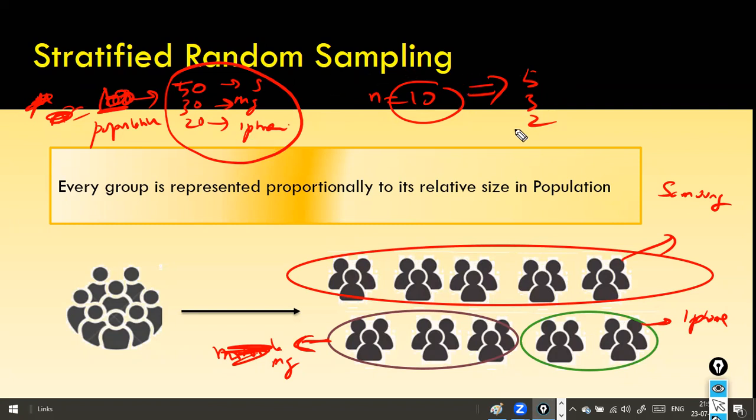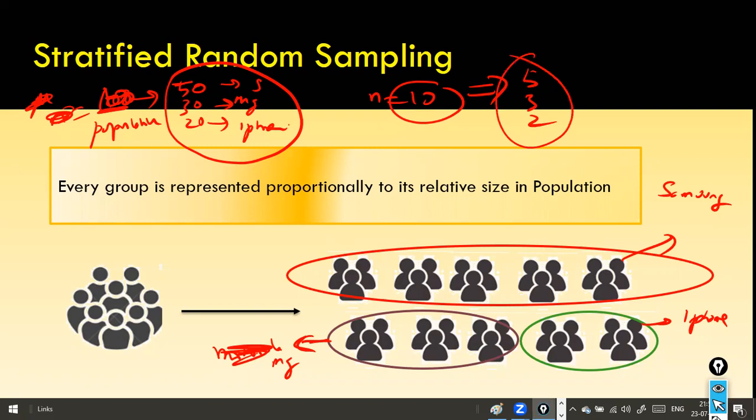The sample should have proportions similar to that of your population. Here it is 5 is to 3 is to 2. That is how we need to draw the sample. The sample size of each group should be in proportion to your population size. That is what is called stratified random sampling.